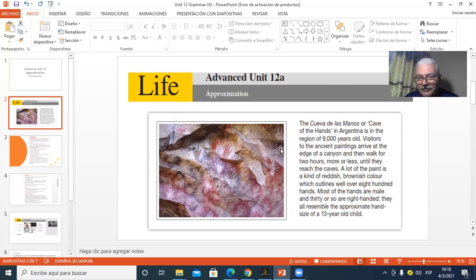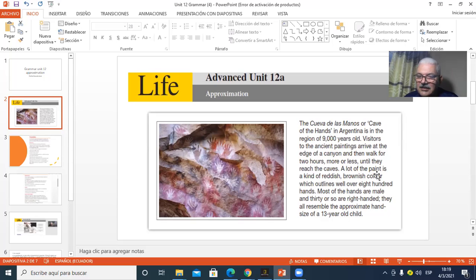Well, maybe you have heard about this. This is a cave and it's marvelous. You can see all paintings here, sorry. The Cueva de las Manos, or Cave of the Hands in Argentina, is in the region of 9,000 years old. Visitors to the ancient paintings arrive at the edge of a canyon and then walk for 2 hours, more or less, until they reach the caves.